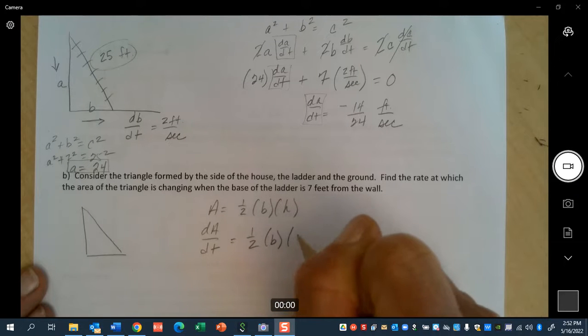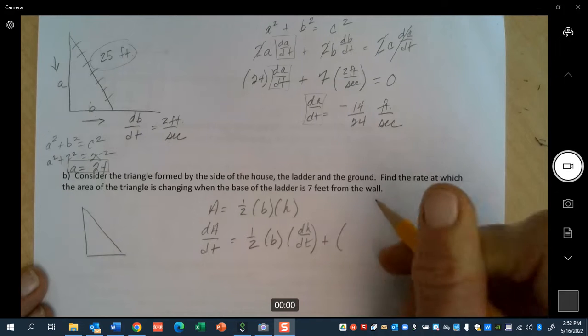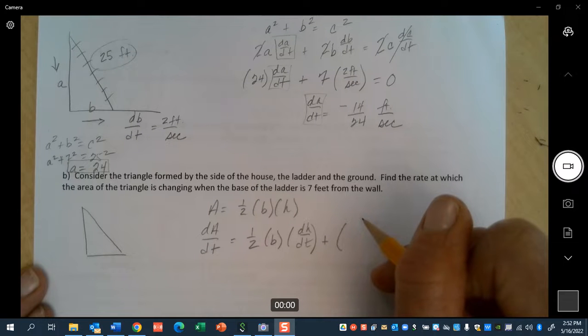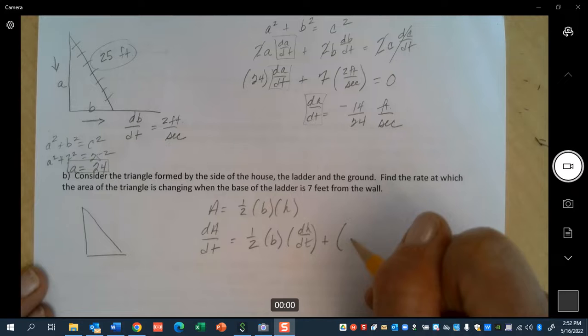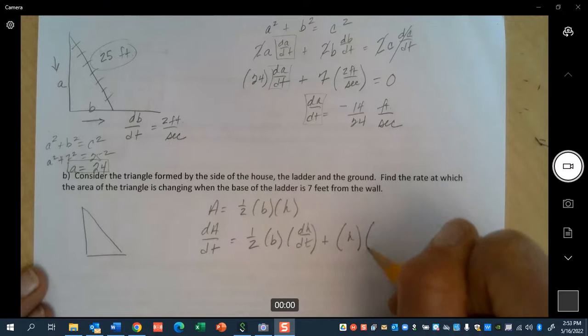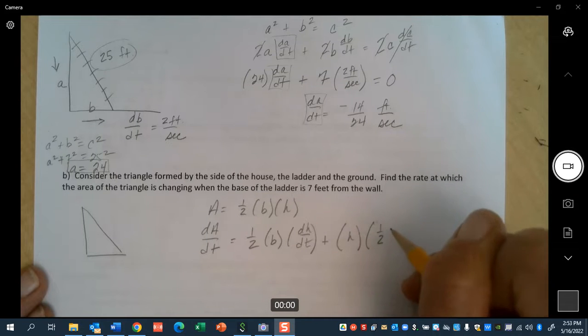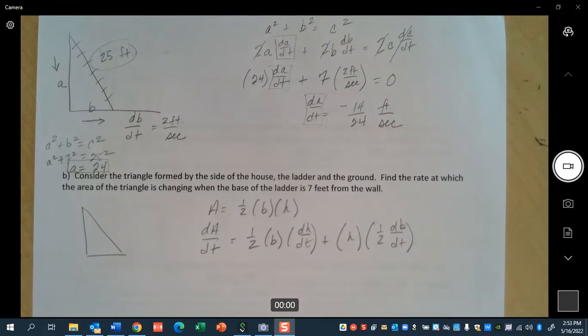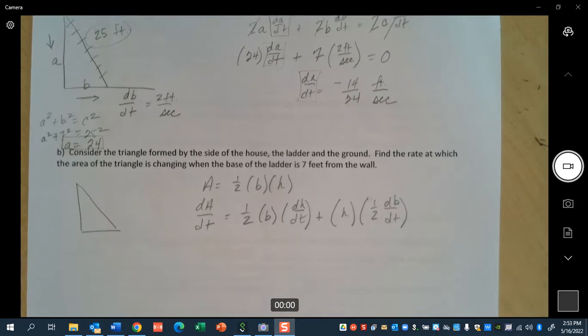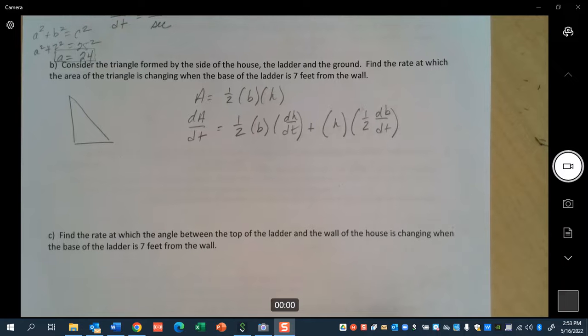My base times the derivative of the height with respect to time plus my height times my derivative of my base with respect to time. It's your choice what to do with that 1/2. You can pull the whole thing out and have it as a factor throughout, or you can keep it with the base. It's up to you.